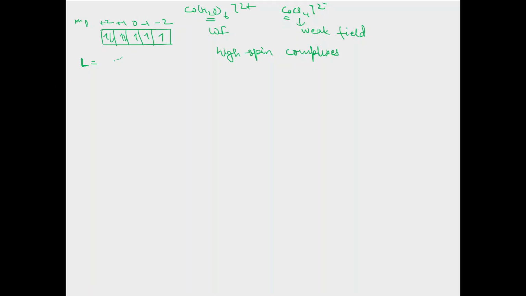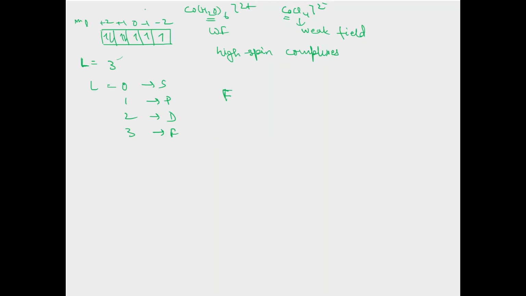For the d orbital, it's 3, right? So if L is 0, it's S. If it's 1, it's P. If it's 2, it's D. And if it's 3, it's F. So for this d7 system, it will have F.